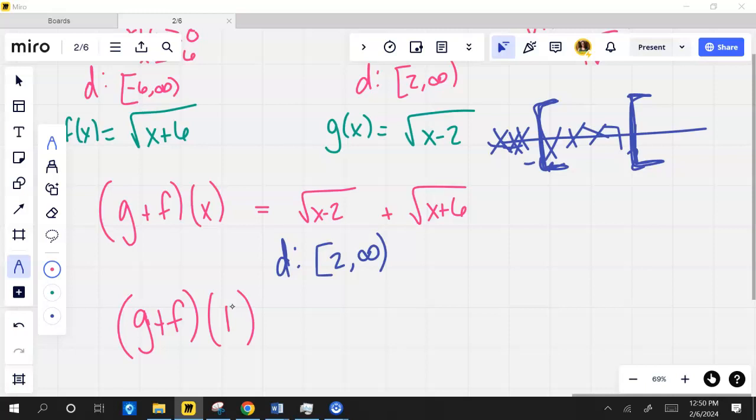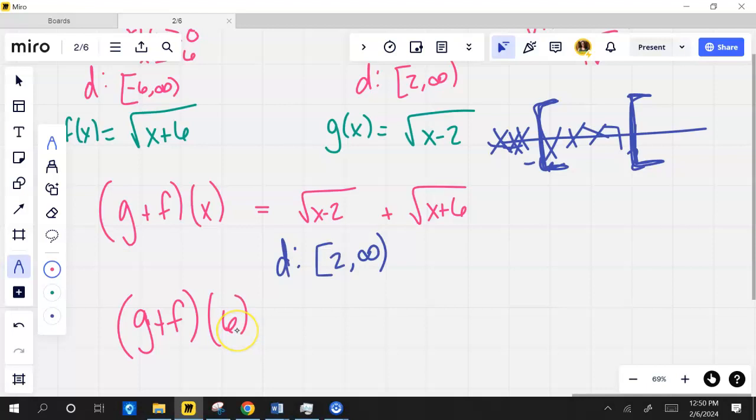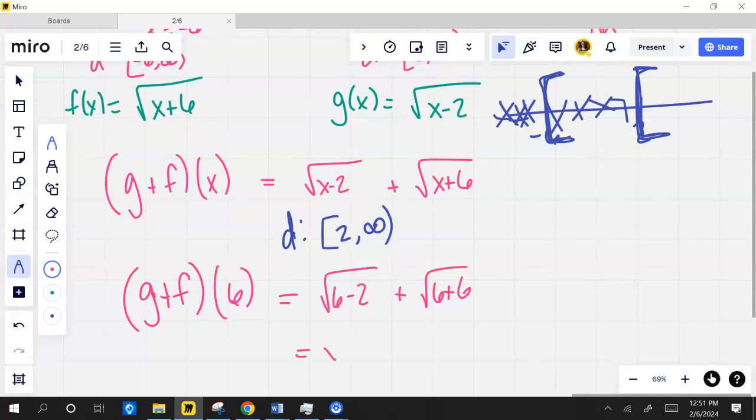Because I have to be bigger than 2. That's not in my domain. I have to have a value in my domain. That's undefined at that point. So if I come back and do 6, I take my combined and I say the square root of 6 minus 2 plus the square root of 6.